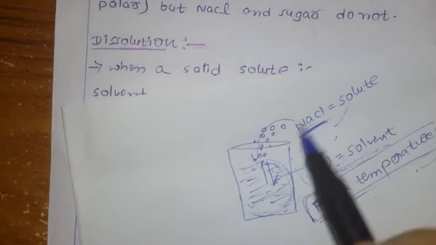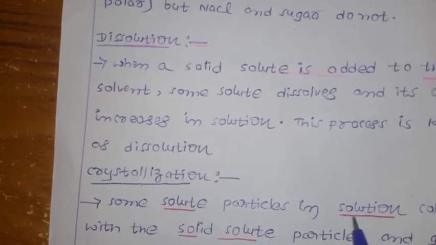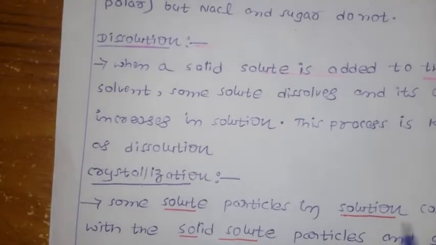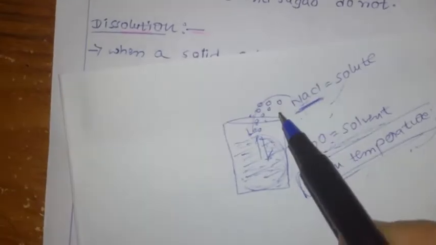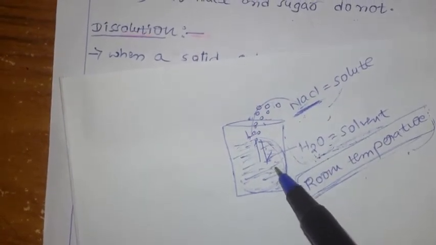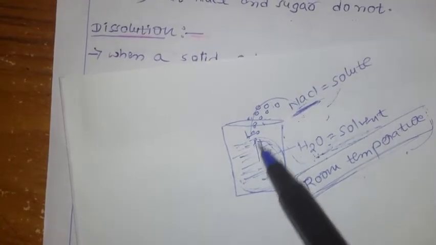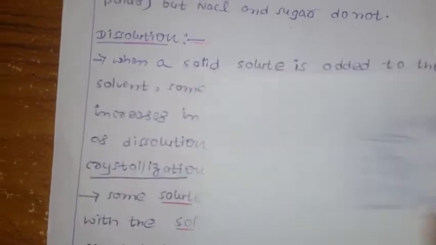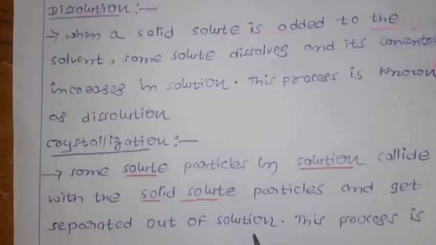So slowly, what happened here? Some solid particles in solution, which are already mixed with the solution, collide with the solid particles. So now these solid particles collide with the solute particles present in the solution. Slowly they are going to separate out of the solution. That means they are simply coming out.